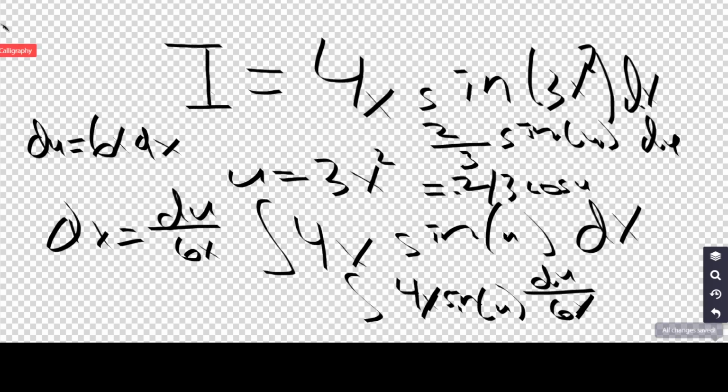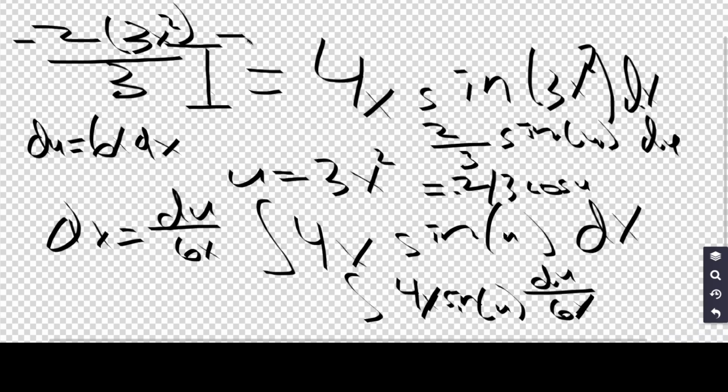The antiderivative is negative 2/3 cosine u.